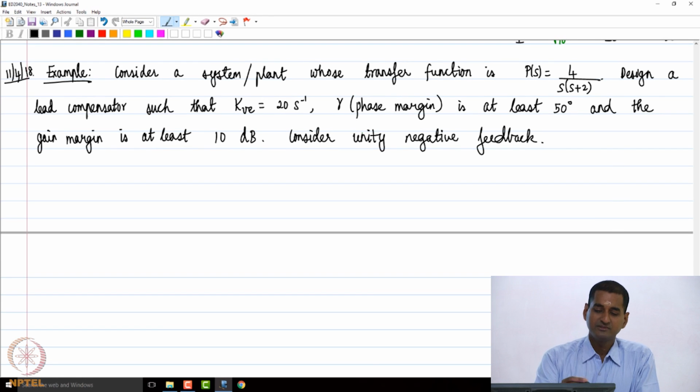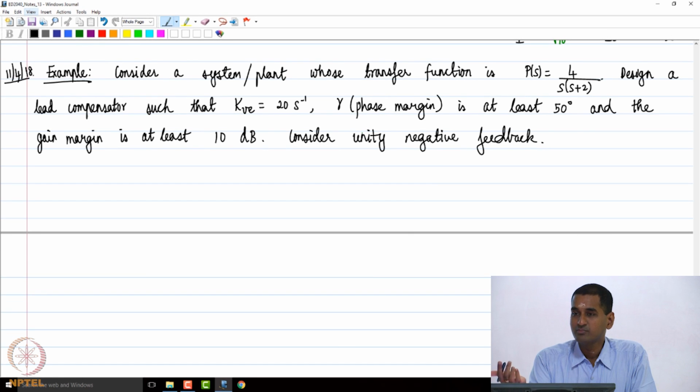It depends on how you look at it. The plant poles are at -2 and 0. It has a pole at the origin. If you give a step input, the output is going to become unbounded, so you can call it either marginally stable or unstable, because BIBO stability means the output should be bounded for all possible bounded inputs.